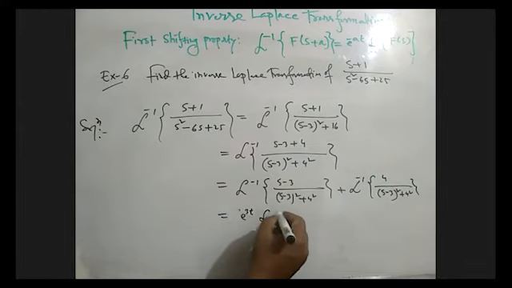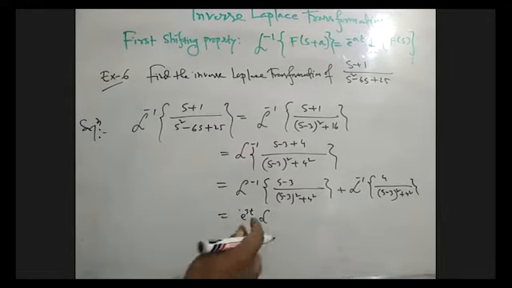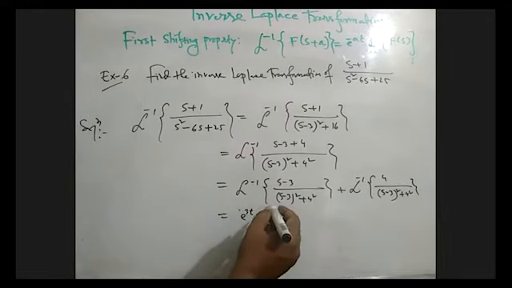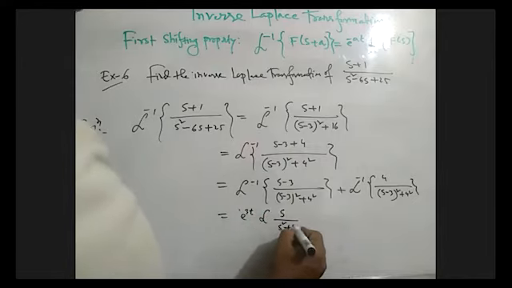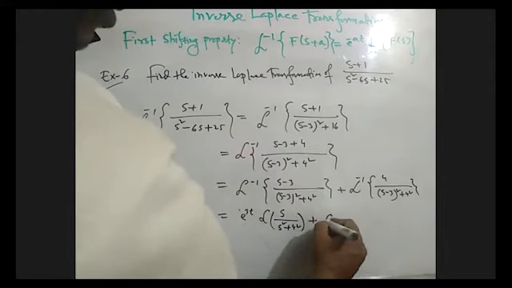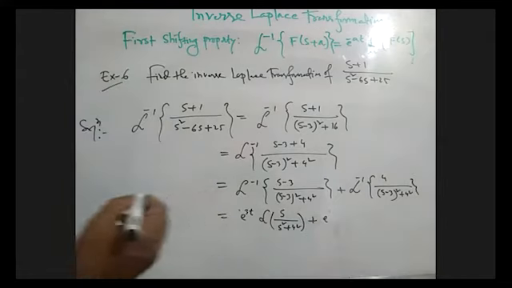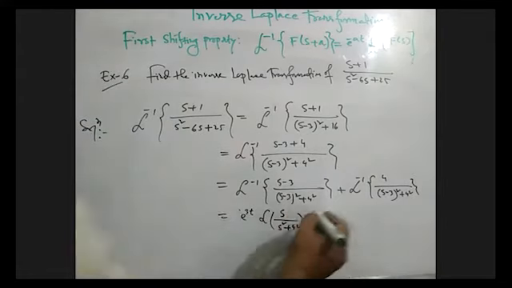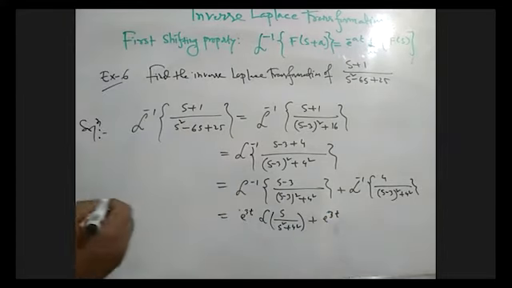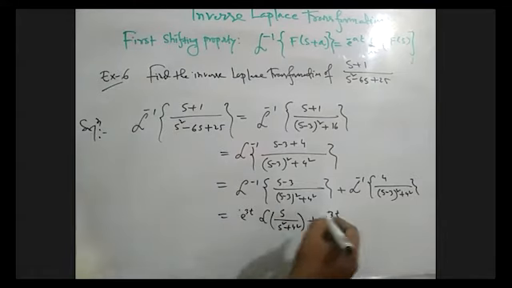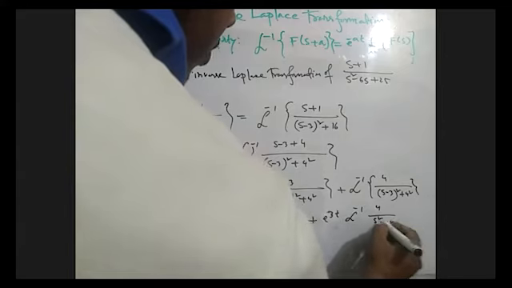So the inverse Laplace transformation of what will be? e to the power 3t times the inverse Laplace transformation of s divided by s square plus 4 square, plus, using the same property, e to the power 3t times the inverse Laplace transformation of 4 divided by s square plus 4 square.